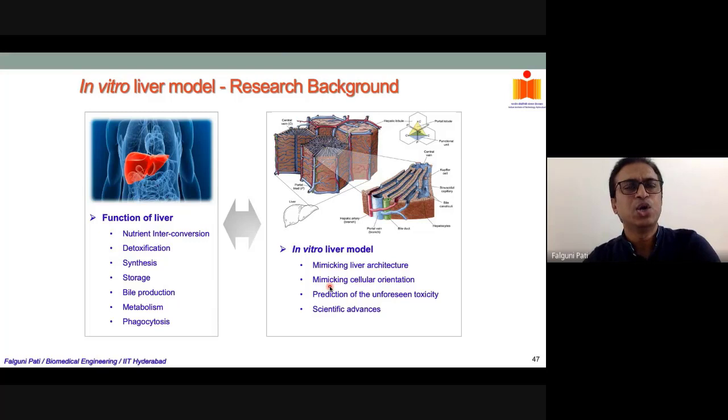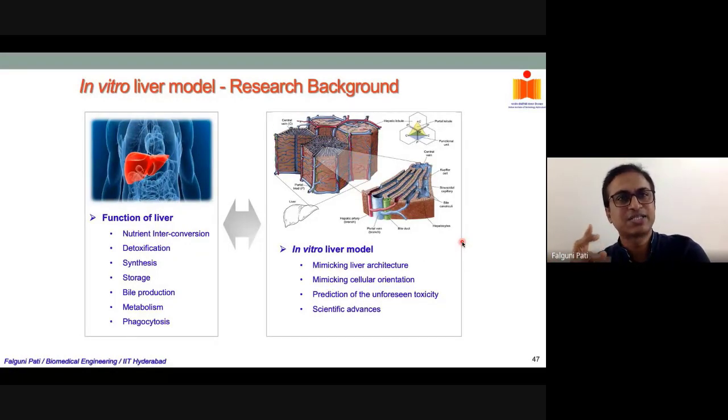In our laboratory, we are interested in developing an in vitro liver model, because the liver is the primary organ that does metabolism in our body. Whatever we eat goes through the liver for metabolism. Whatever drugs we consume by the oral route also pass through the liver, right? The drug biotransformation is also done by the liver. So the liver is the first target of the drug.